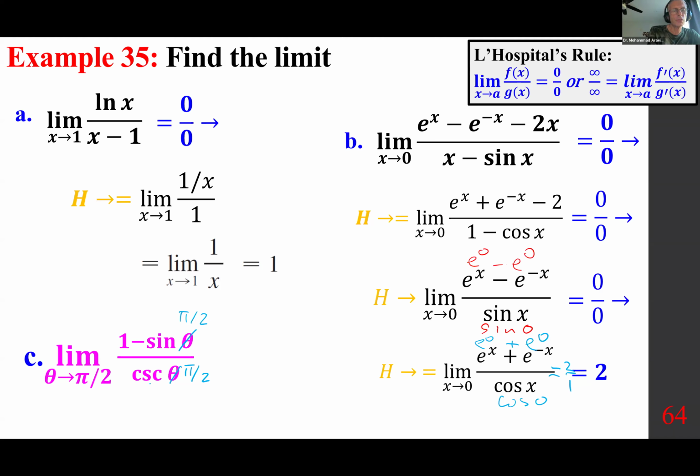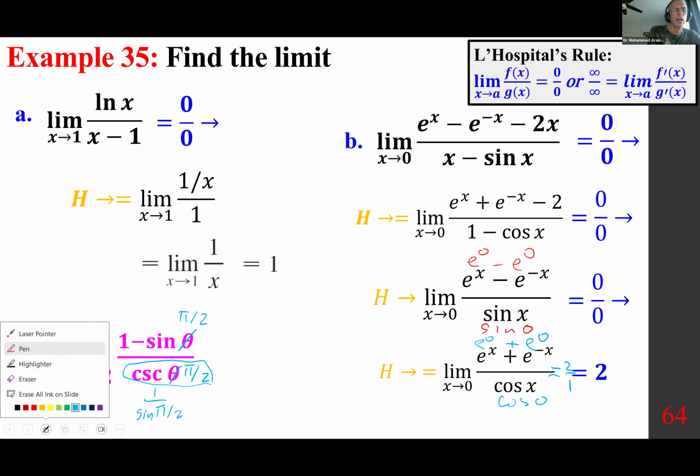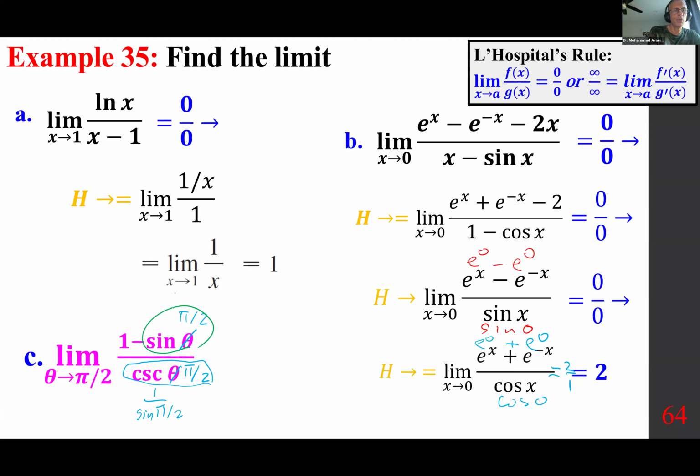I'm going to change this to 1 over sine pi over 2. As you know, sine of pi over 2 is 1, so the numerator is 1 minus 1, 0. Sine of pi over 2 is 1, so 1 over 1 is 1. So the answer is 0 over 1 equals 0.